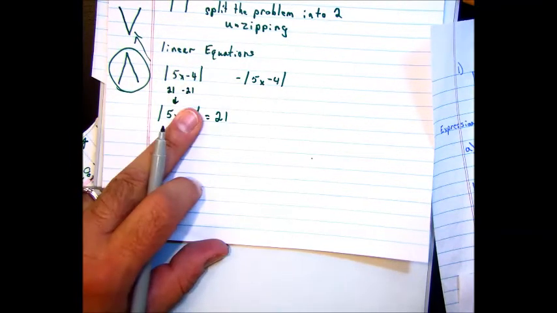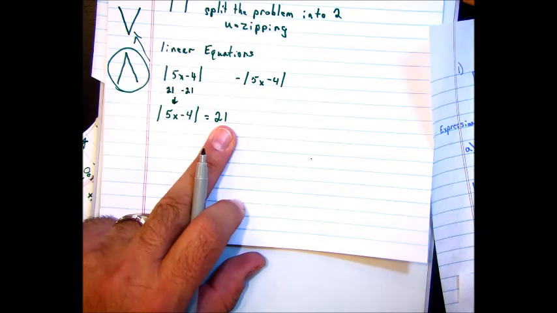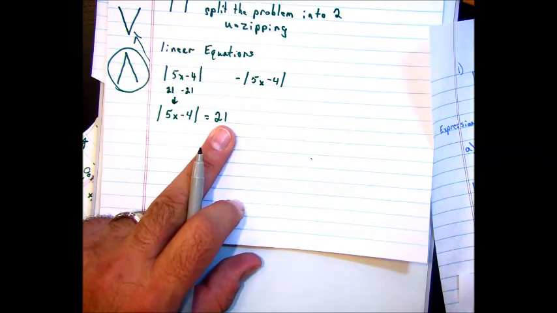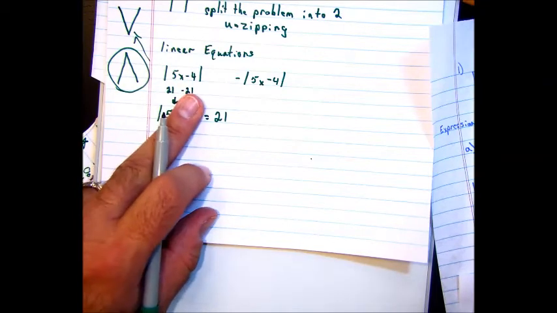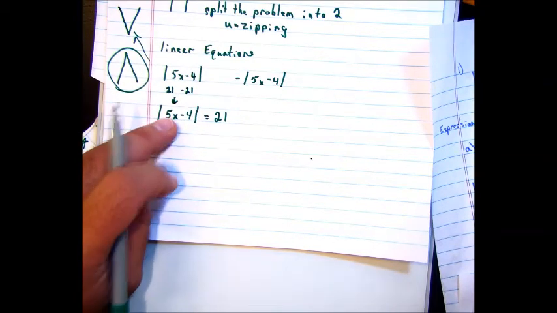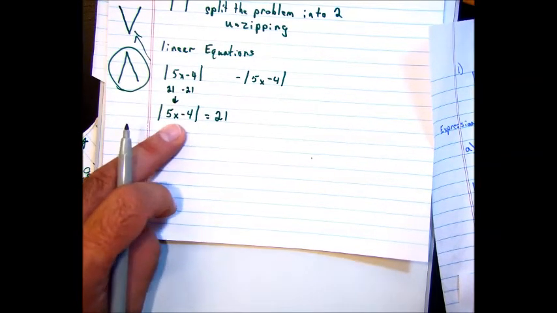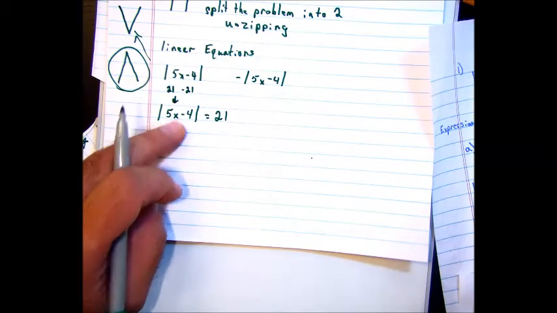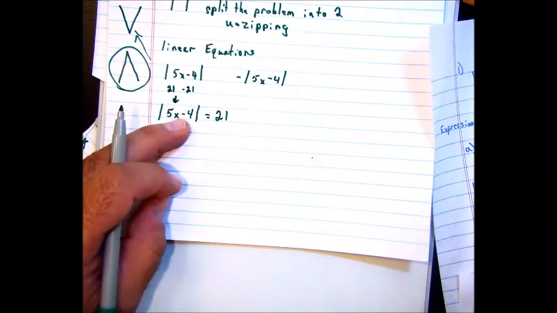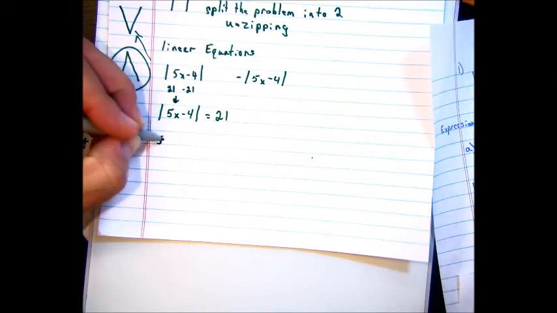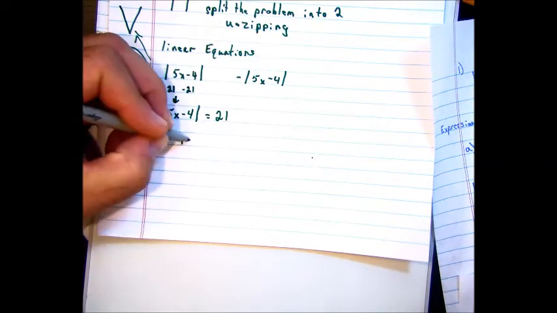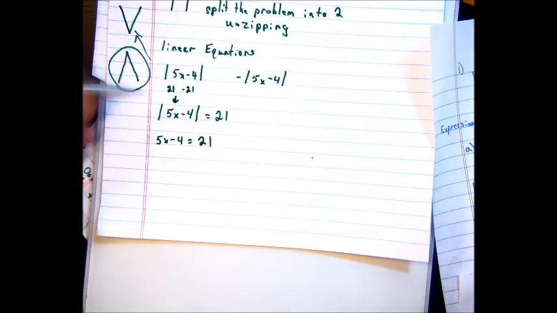The absolute value signs are the things that made it positive 21. So I have to solve two problems, one for a positive 21 and one for a negative 21, because that could have been the answer inside the absolute value sign. Alright, so I write it as 5x minus 4 equals 21, because I've unzipped it.